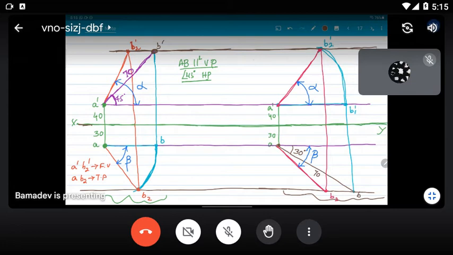So what I have assumed here? Line AB is parallel to which plane? Horizontal plane, and making an angle 30 degree with vertical plane. Right? So I have made how much angle? 30 degree here, and extend this line, cut it here, taking a length of 70.